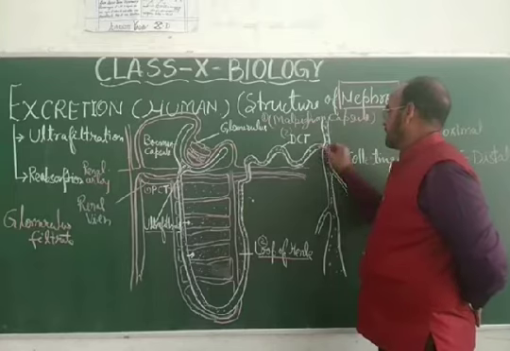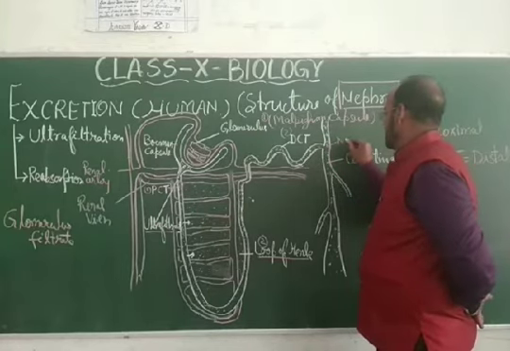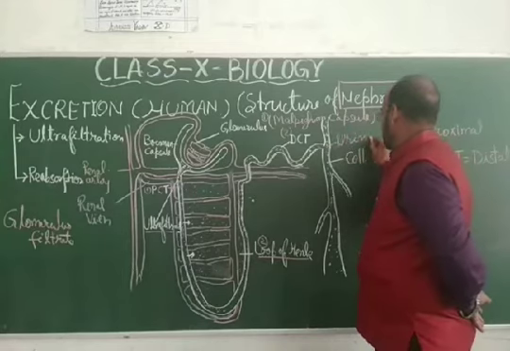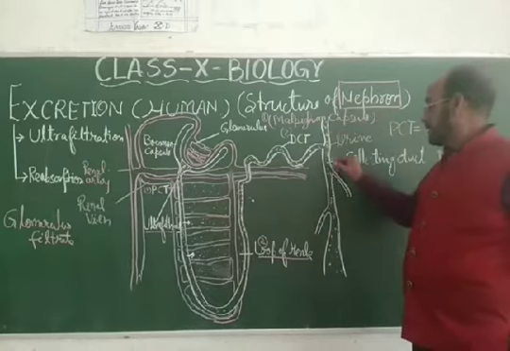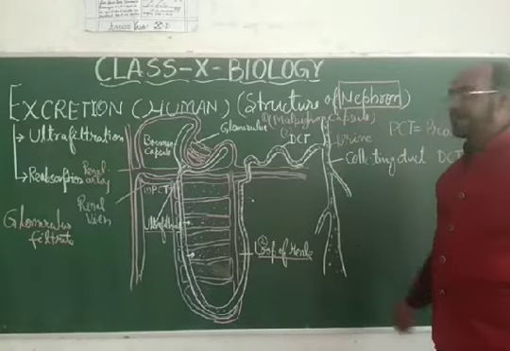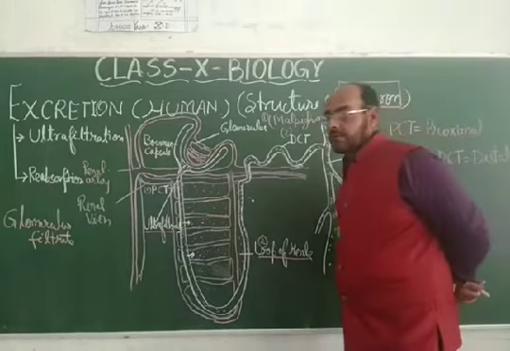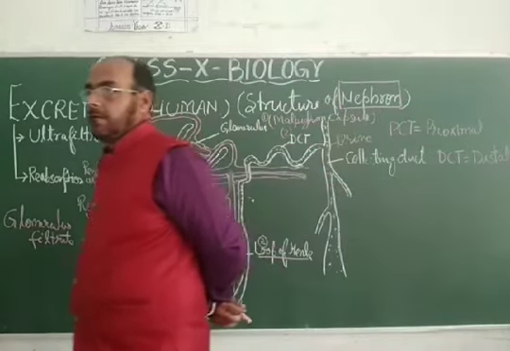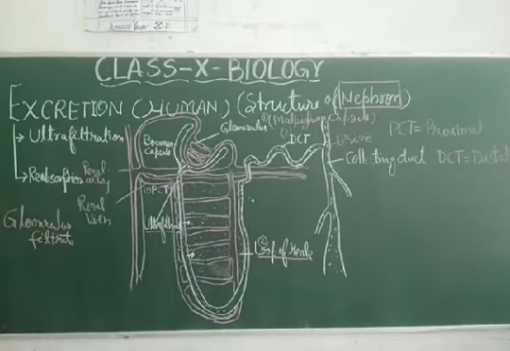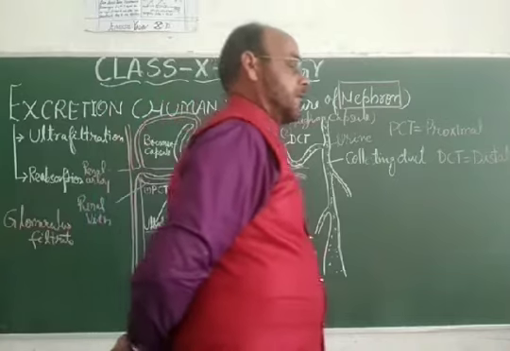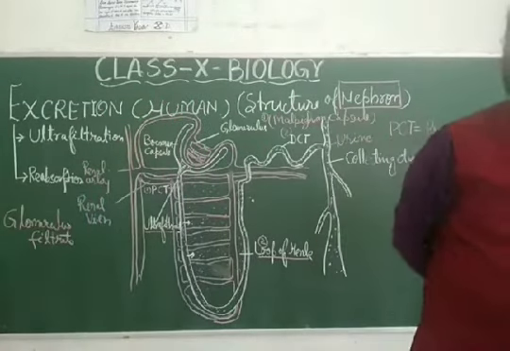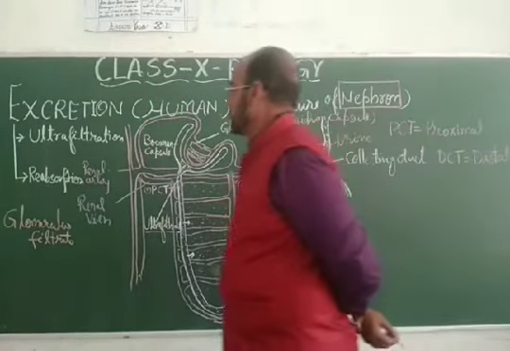Finally, the nitrogenous waste along with the excess water in the form of urine gets collected into the collecting duct, which is connected with both ureters, on the right and left kidney side. This is the complete process of excretion in humans, and it is completed in 2 steps.